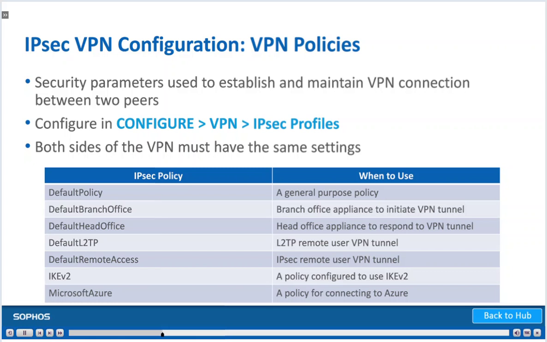The XG Firewall includes a VPN connection wizard that will guide you step by step through the configuration, displaying additional information about the configuration parameters. You will go through the configuration of VPN connections during the labs for this module. For more information on configuring IPsec VPN policies, please see the supplementary document in the lesson contents of this module.